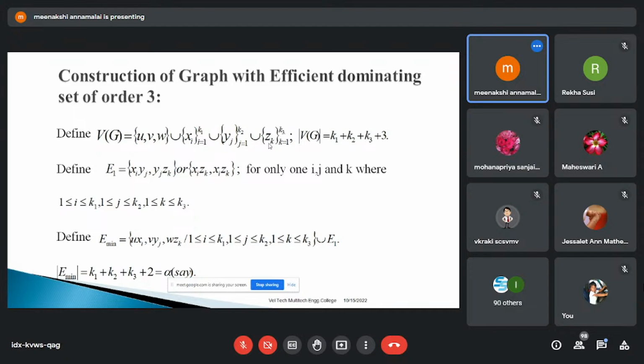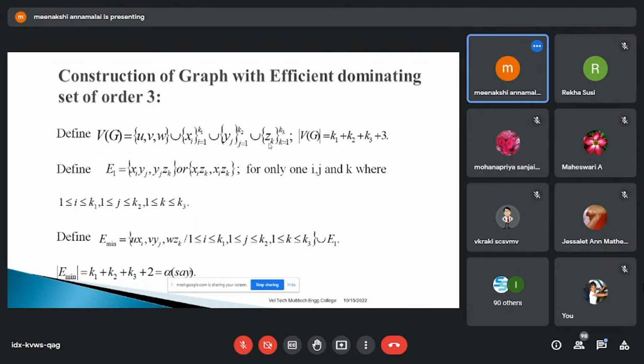So that's why I'm discussing the minimum number of edges that will be present and the maximum number of edges that will be present in the network, which I denoted here. First I define E1. E1 is xi yj, comma yj zk.